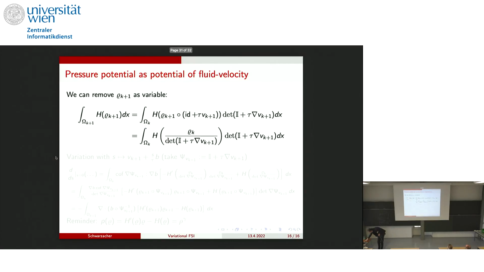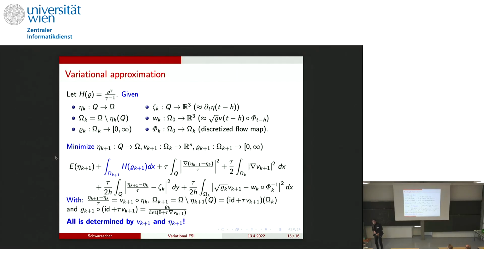And I think here's the computation. So this is the reason why you can write this minimization only in terms of the new velocity and the new deformation. So you remove the new density by using the transport. You take a new state, a new velocity, and then you look where the density is transported to.